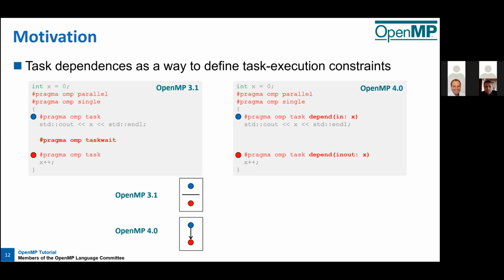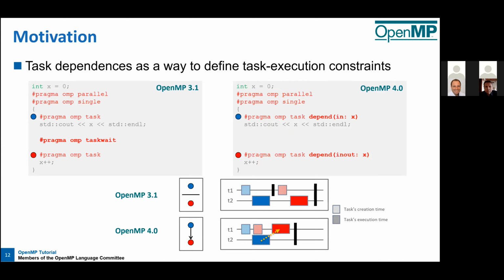If you want to compare this in terms of what happens in execution, you can view the left-hand side to be something like a task barrier, where the blue task and the red task are separated by this black line, whereas in OpenMP 4, you get a graph that indicates that blue has to execute before red.